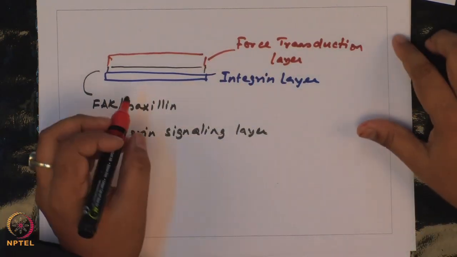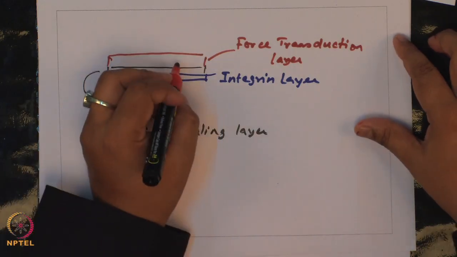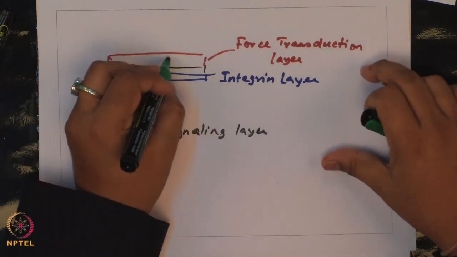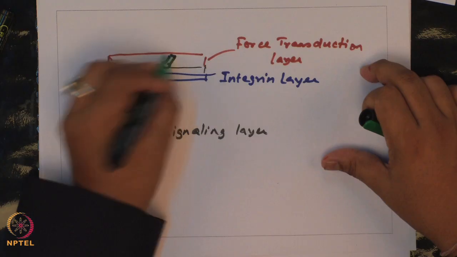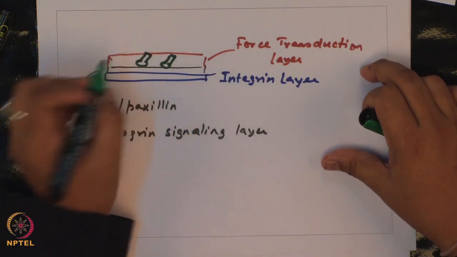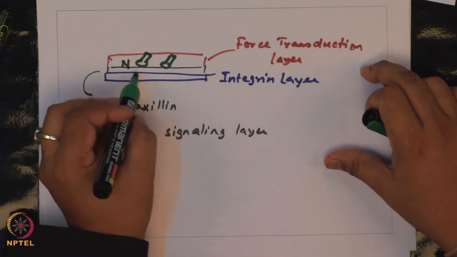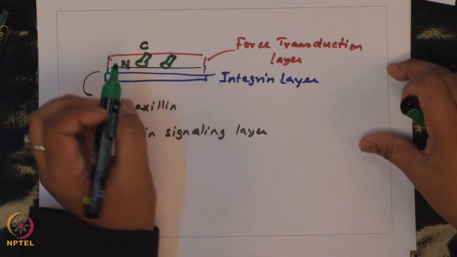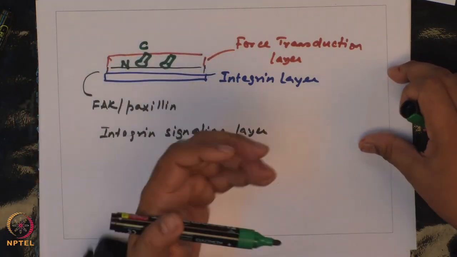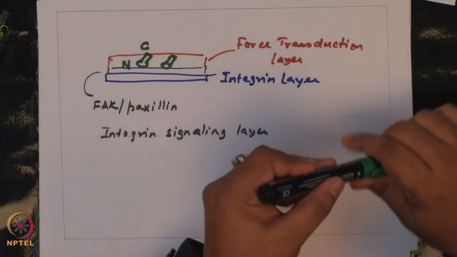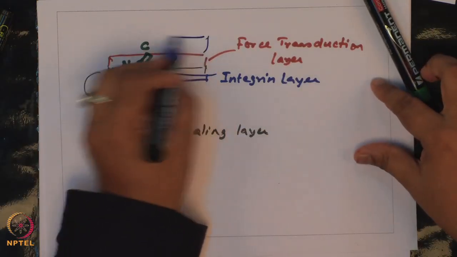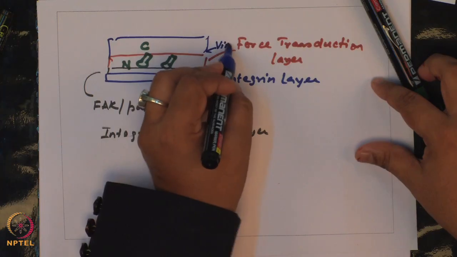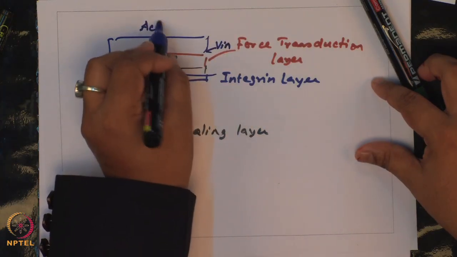Within the force transduction layer, she showed that the molecule talin is localized like this, with the N terminal closer to the integrin signaling layer and the C terminal away from it, closer to the actin layer. Vinculin was also there, and on top you have actin and alpha actinin.